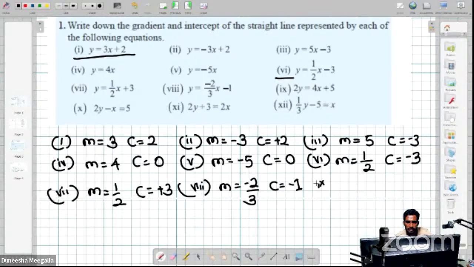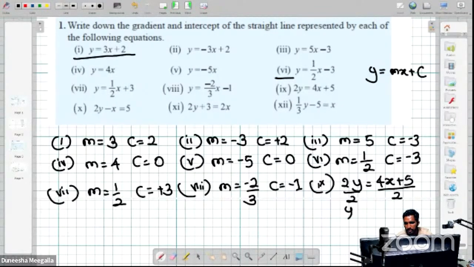Ninth one, how do we get it? We have 2y = 4x + 5. This is not in the form y = mx + c. We have to divide both sides by 2.